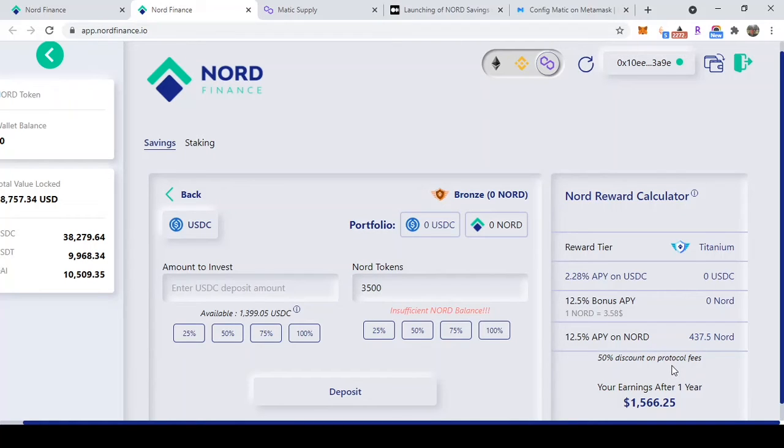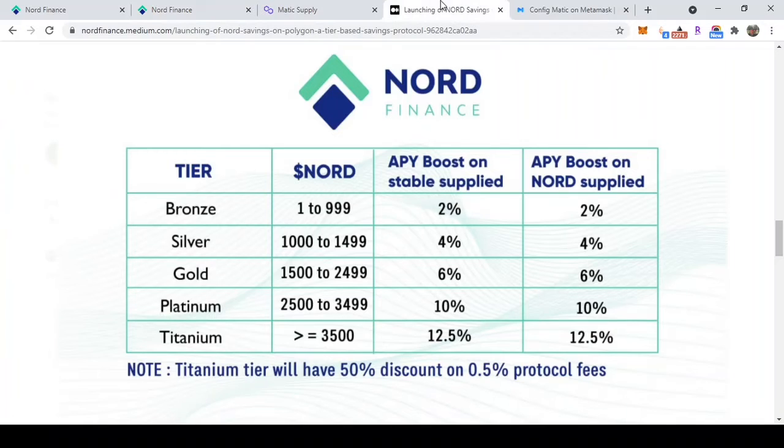Deposit fees are 0.5% of the amount of the deposit before any discount and would be 0.25% of the amount of the deposit after the Titanium level discount. You can find a nice graphic on the Nord Finance Medium page that gives a nice summary of the various reward tiers and the benefits at each level. The Titanium level is the only reward tier that provides a discount on the deposit fee.